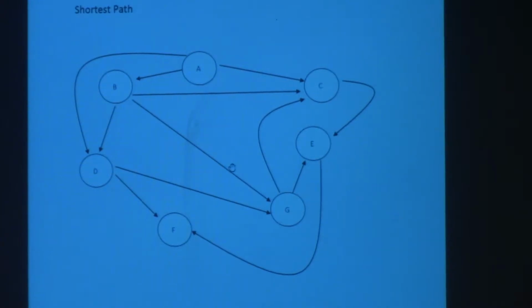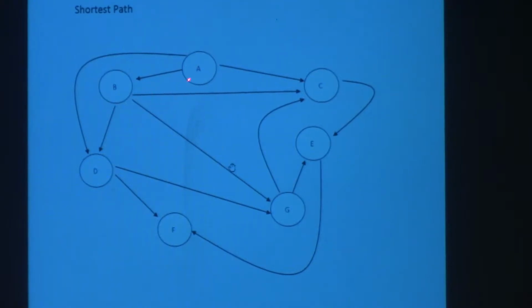Actually, let me back up for a second. So first thing I'm going to do is visit A, put it in the queue. Then I'm going to dequeue it and put all the neighbors of A, which are going to be B, C, and D. So then I'm going to dequeue them in turn. I'm going to dequeue B first, visit B, and put all the neighbors of B, which in this case are C, D, and G. Okay, all right?